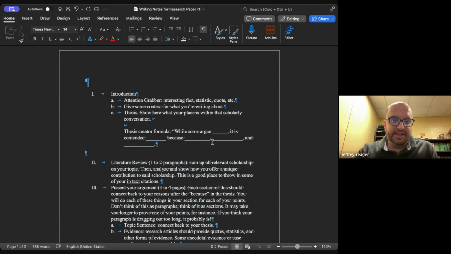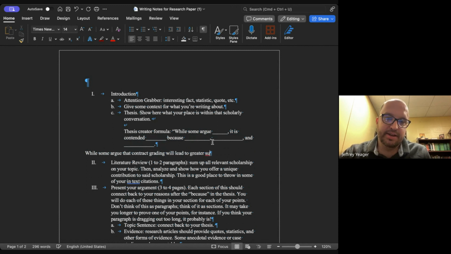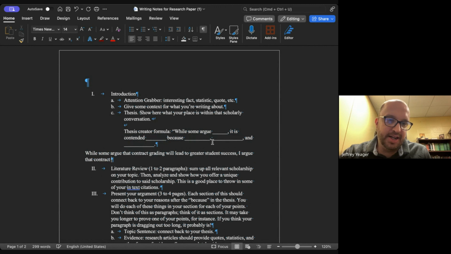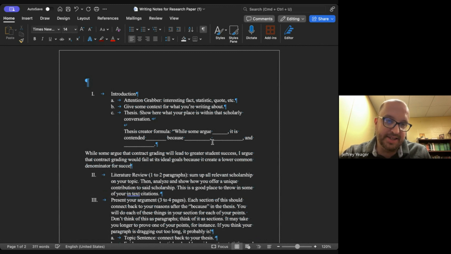So, for instance, I would say, while some argue that contract grading will lead to greater student success, I argue that contract grading would fail at its ideal goals because, maybe my first reason would be, it would create a lower common denominator for success in students, and for success in writing, rather.